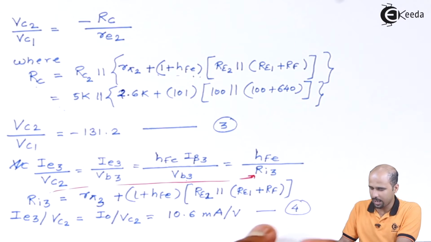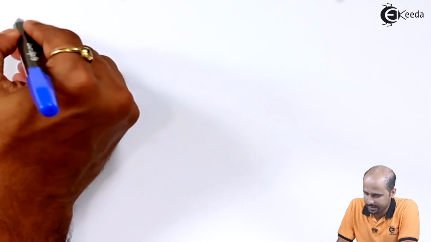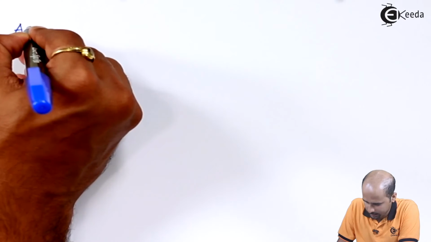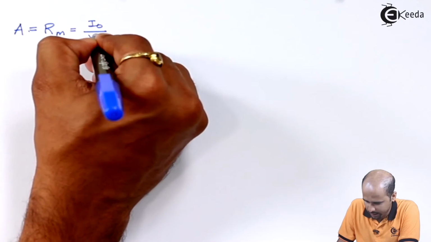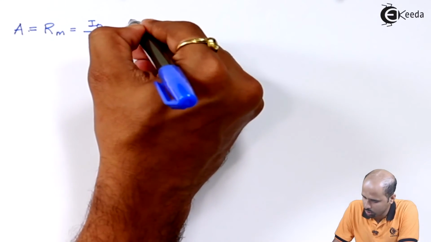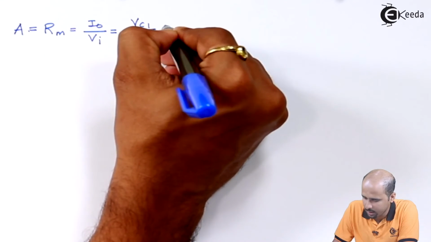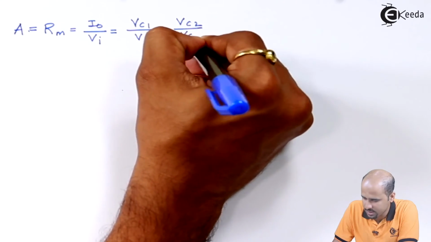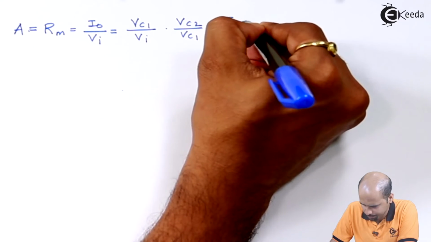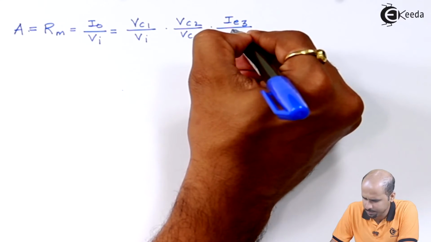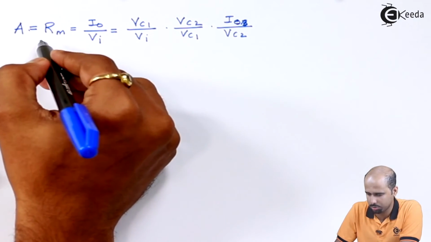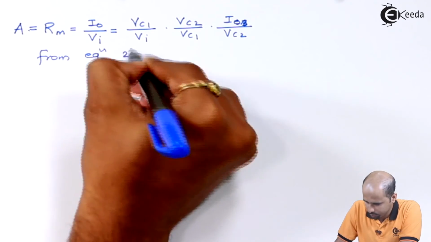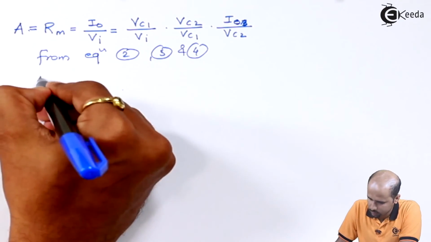Okay, so now we are on the verge of finding the value of the gain without feedback. So what is the value of A? That is nothing but Rm, that is IO divided by Vi. This is equal to Vc1 divided by Vi multiplied by Vc2 divided by Vc1, multiplied by IO divided by Vc2. From equations number 2, 3 and 4, we will get the value of Rm.